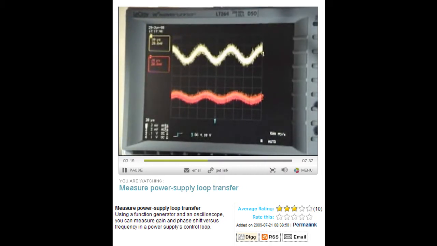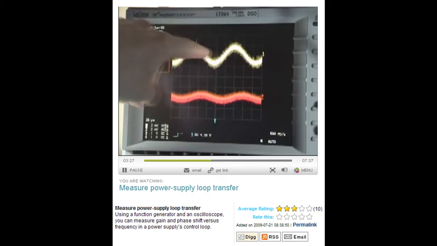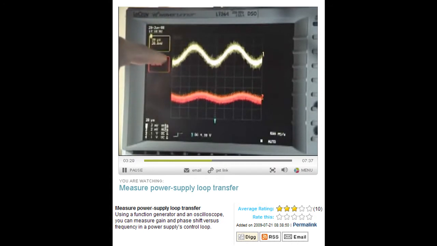And now let's look at a typical spot at about 11 kilohertz on this particular power supply. We can see that the one channel is about 3 times the amplitude of the other channel.